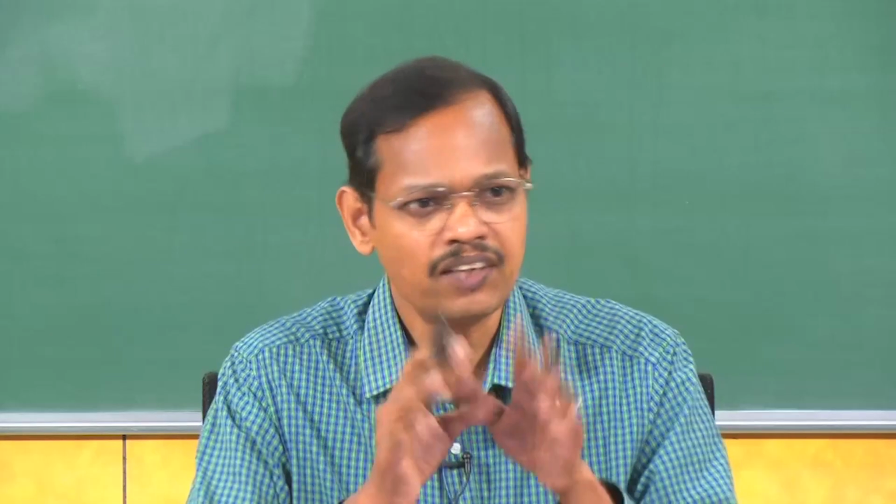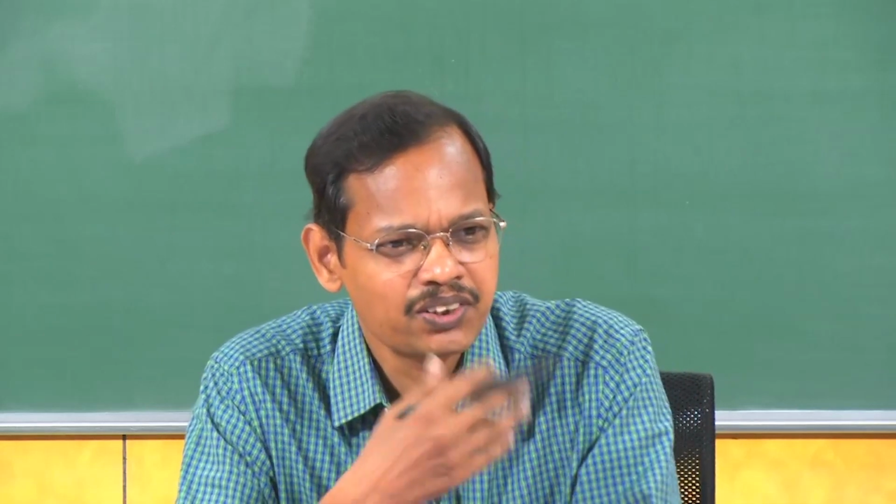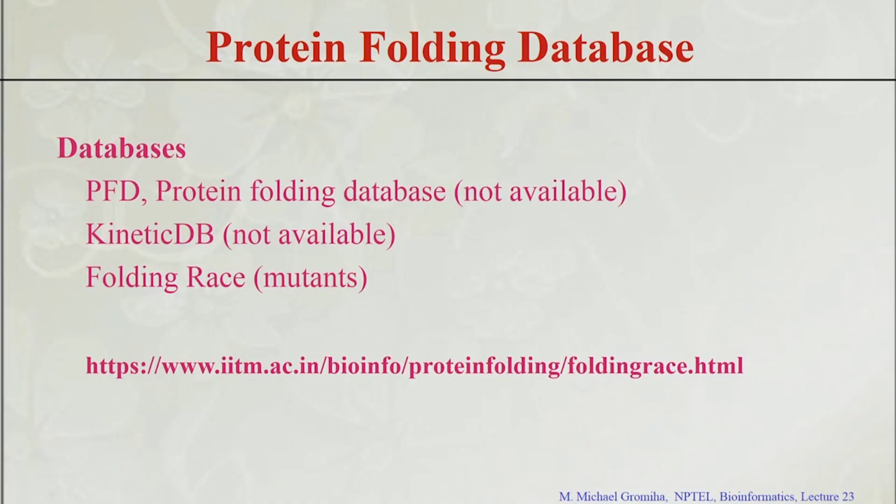Now, once we have the data, for doing bioinformatics analysis we require a sufficient number of reliable data. So, it is very important to construct databases. On these aspects, first they developed a few databases. One is called the protein folding database. Another one, developed a few years later, is kinetic DB, but unfortunately both databases are not available at the moment.